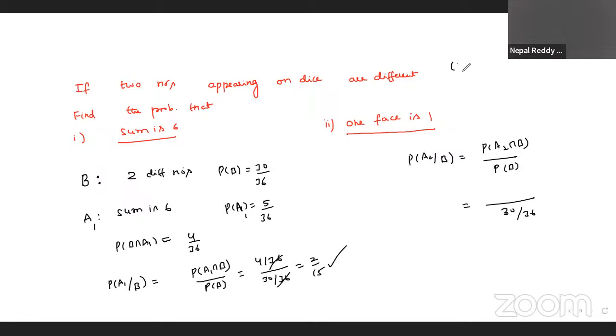One face is 1 and the other 1, 2, 3, 4, 5, 6. Only one face, right?